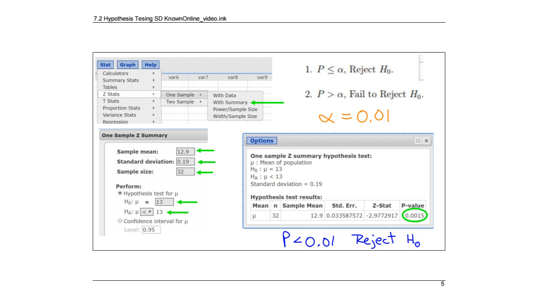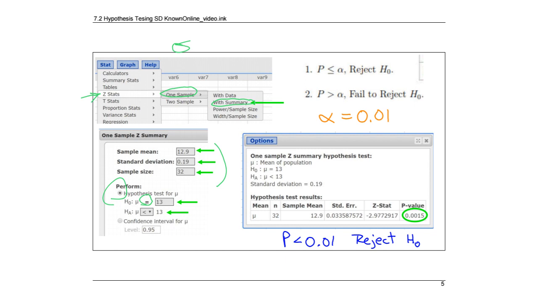We are going to go into Z stats because we know sigma. They gave us sigma. We're going to go to one sample with summary. This is a lot like the confidence interval. We're going to put in our sample mean, our standard deviation, our sample size, but this time we're going to do hypothesis testing. The weird thing about StatCrunch is it always has an equal sign for the null hypothesis.